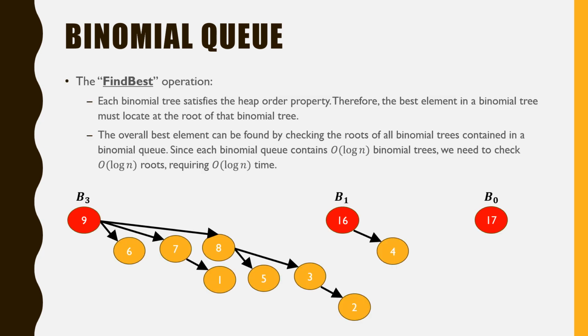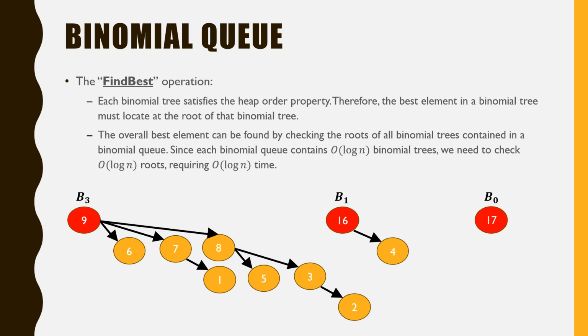Now, let's move on to discussing the fundamental operations of binomial queues. First, consider the find best operation. Recall that each binomial tree is a valid heap, meaning that the best element in any binomial tree is always located at its root.